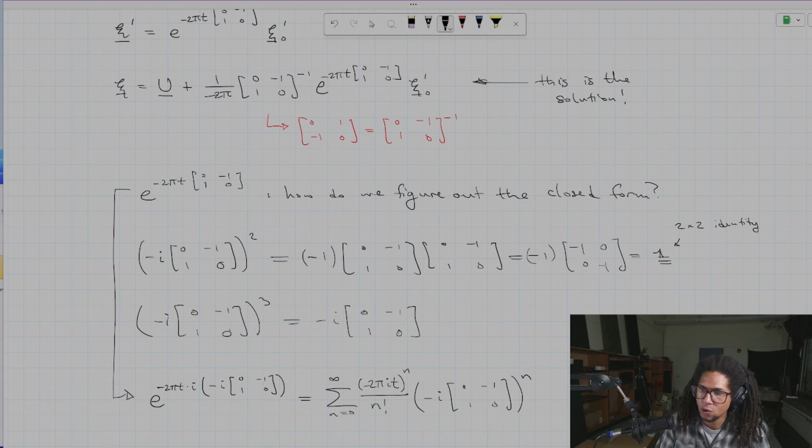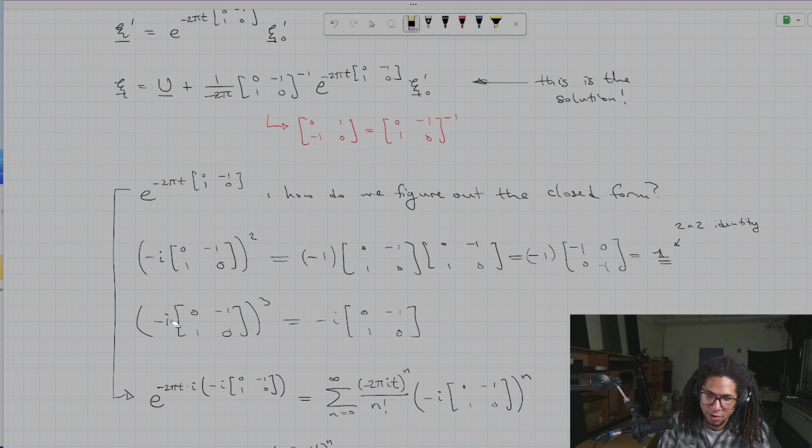But we just showed that for n even, this is always the identity matrix, and for n odd, this is always a specific matrix, this matrix. So this power series is actually equal to all of the even parts, so n even, going from 0 to infinity, of minus 2 pi I t to the n over n factorial times the 2 by 2 identity matrix, which is on the outside of the series.